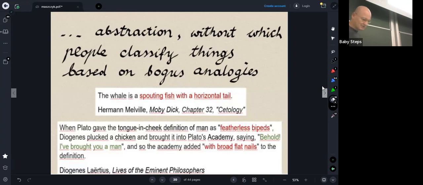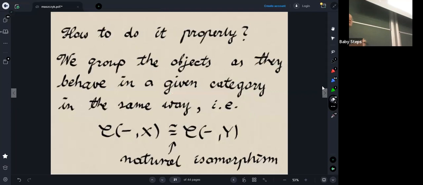So, as you recognize, there is some fallacy in all these classifications and definitions, which today is called the category fallacy. So, how to properly do this classification and define things, among others? The idea is to group the objects as they behave in a given category.